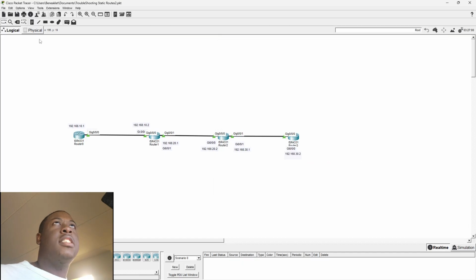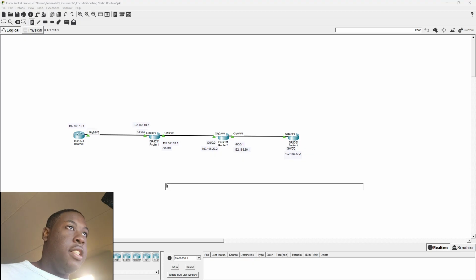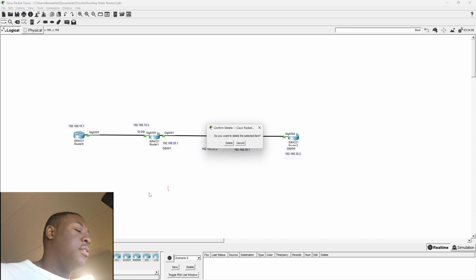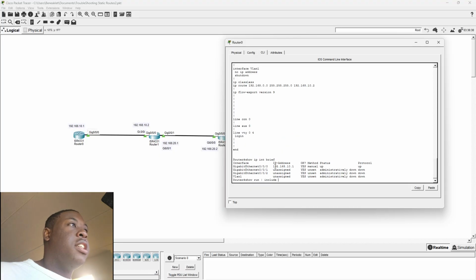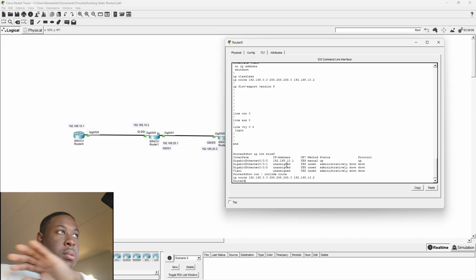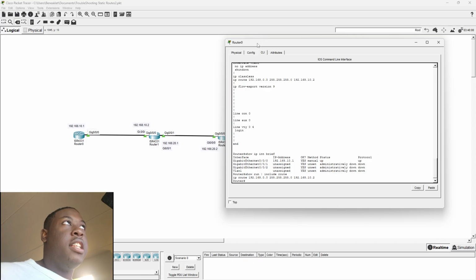What you want to do is use that command, then include and route. This shows us what routes, whether static routes, dynamic routes, or summarized routes, are actually in any of these routers.